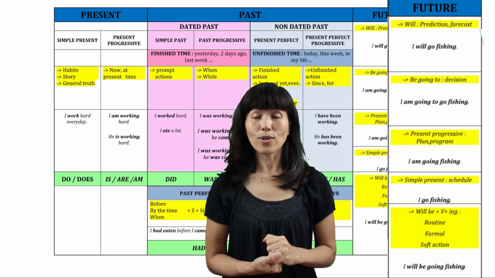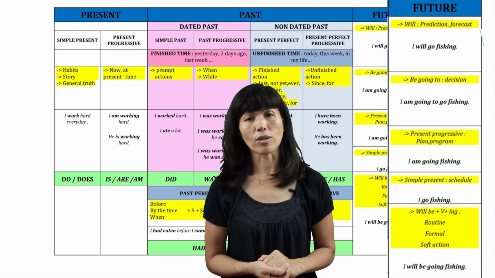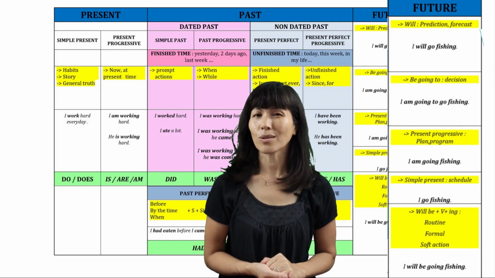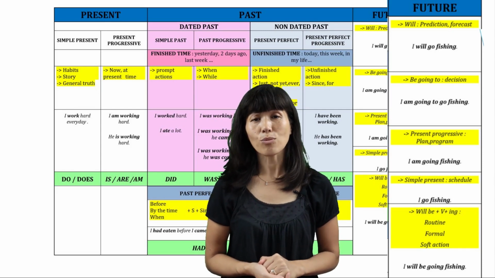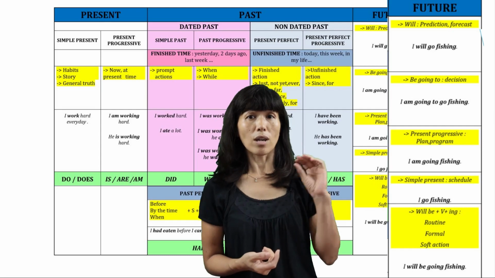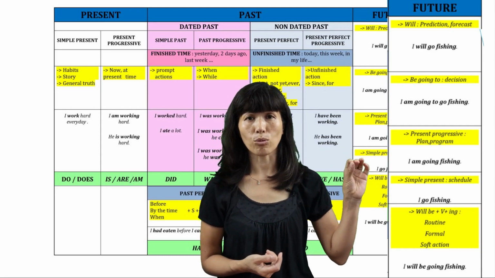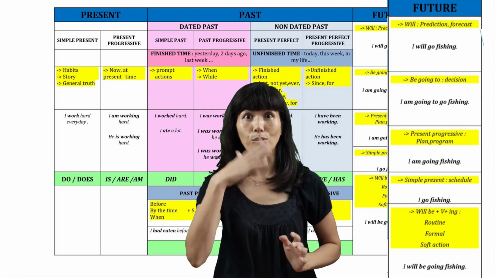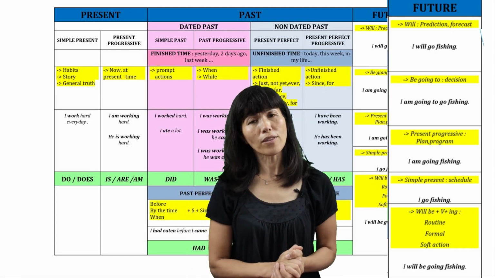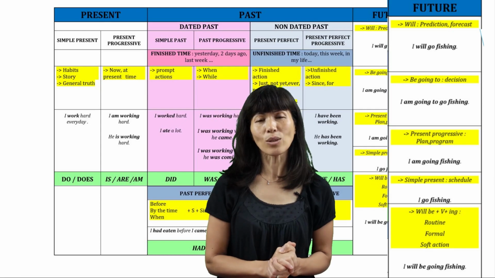Right? So now the third form of the future, which is the present progressive. We can use the same form as the present progressive with a time indicator. For example, tomorrow, in 2 minutes, next week, in a few months. So, in a few months, I am flying to America.